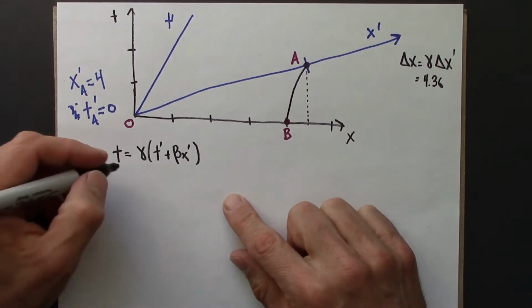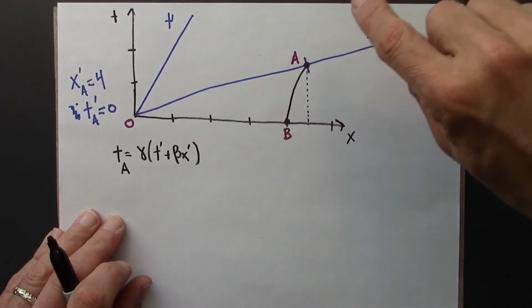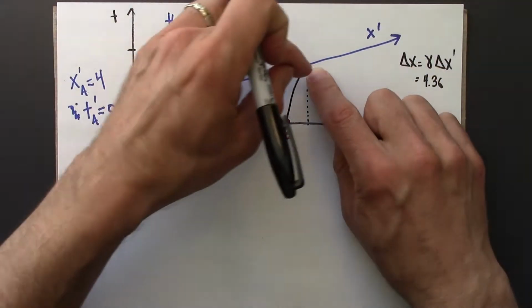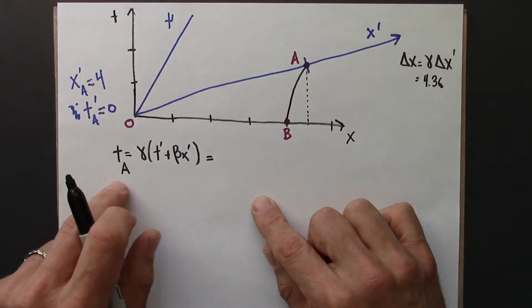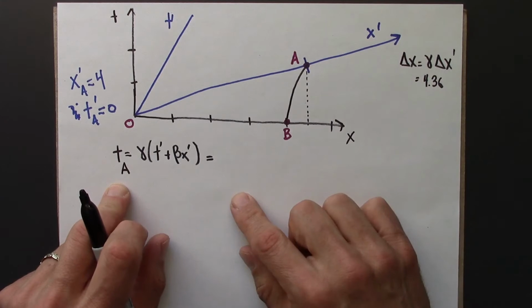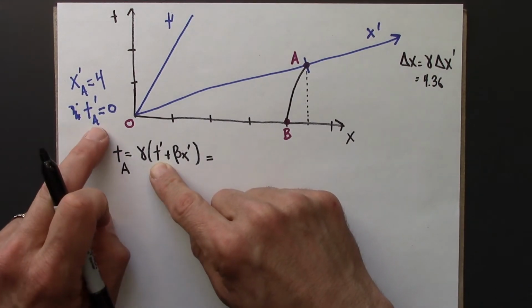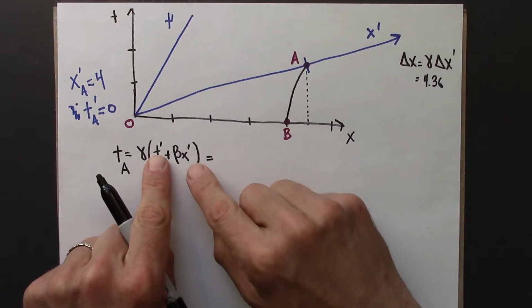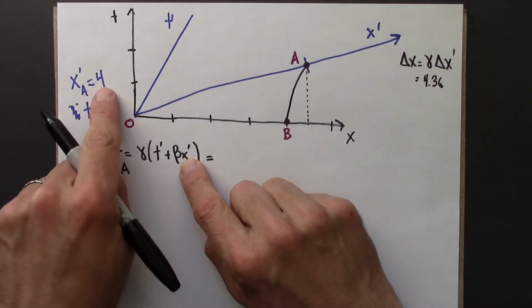And this will be for event A. And I want to know the time coordinate in the unprimed frame. All right, so this is the time that Anastasia sees event A as taking place. So let's see. t prime is, oh, that's 0. That's nice. That goes away. And x prime, what is x prime? x prime is 4.